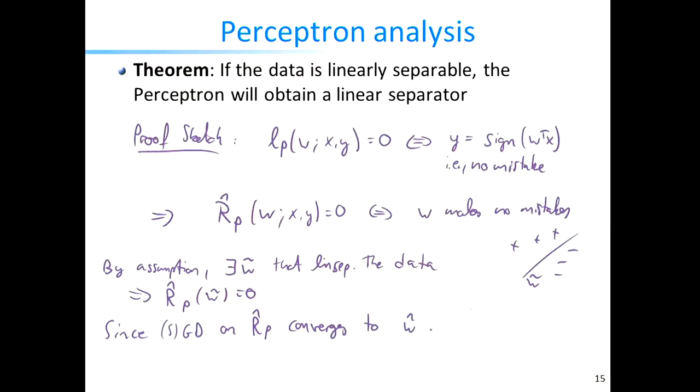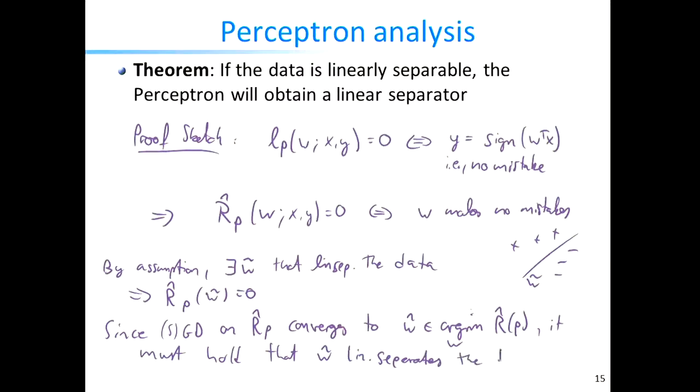So it converges to a minimizer, it must hold that W hat in fact linearly separates the data.